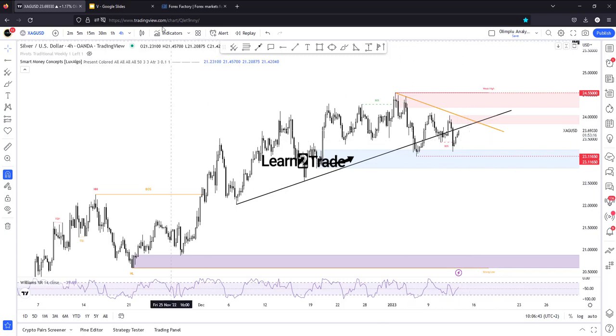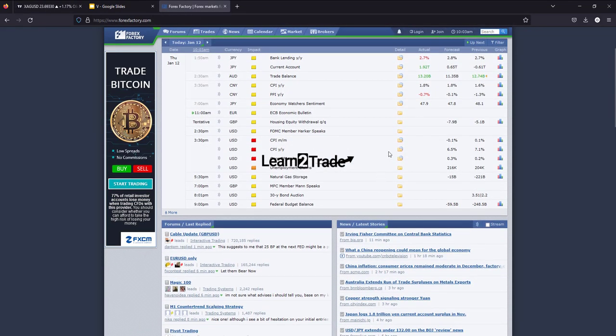And don't forget that later today we'll have the US consumer price index. So the CPI is expected to report a 0.1% drop in December versus 0.1% growth in November. CPI year over year 6.5% versus 7.1% in the previous reporting period.